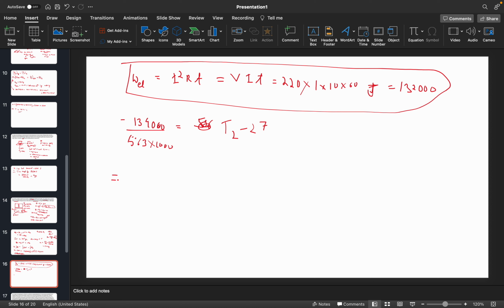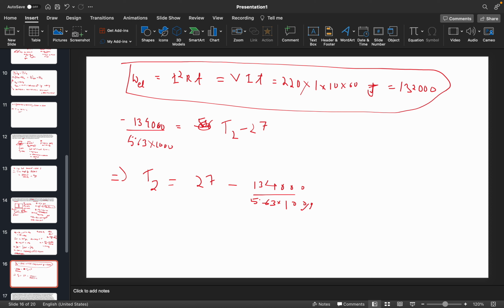So what will be my answer? T2 will be equal to 27 minus 134,000 divided by 5.63 into 1000.